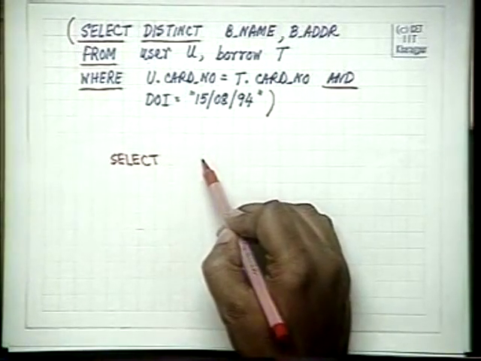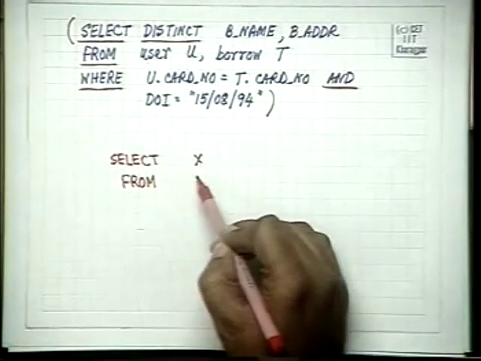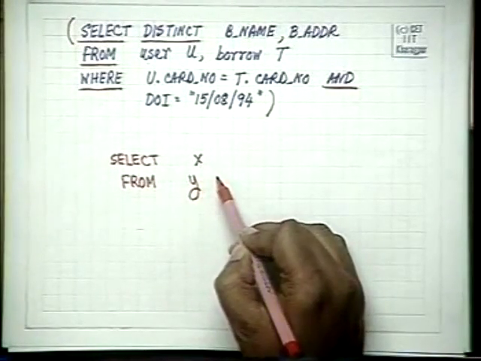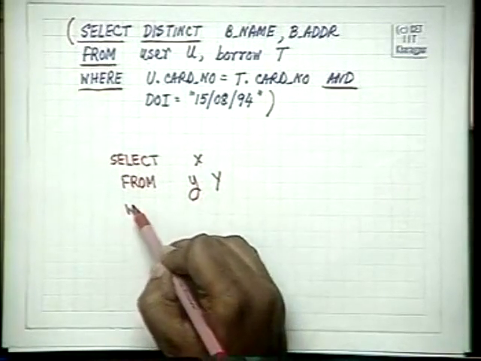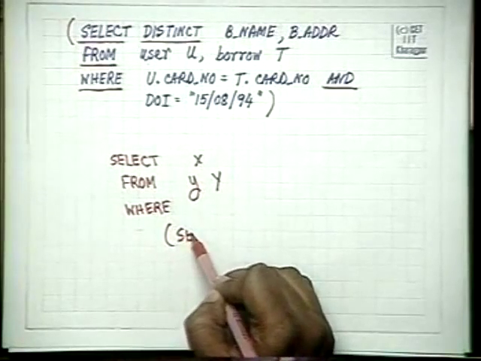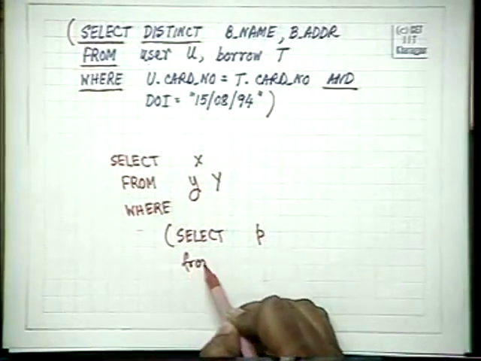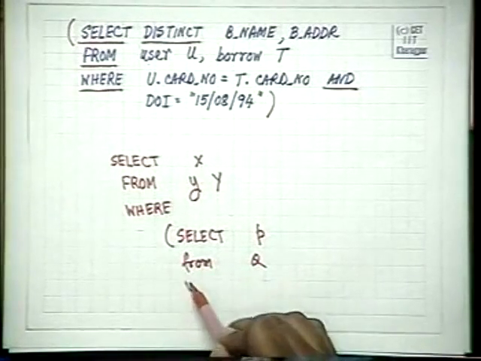Now we will see examples. Suppose you have got a query like this: select x from y, where, and here if I have another select p from q, where.